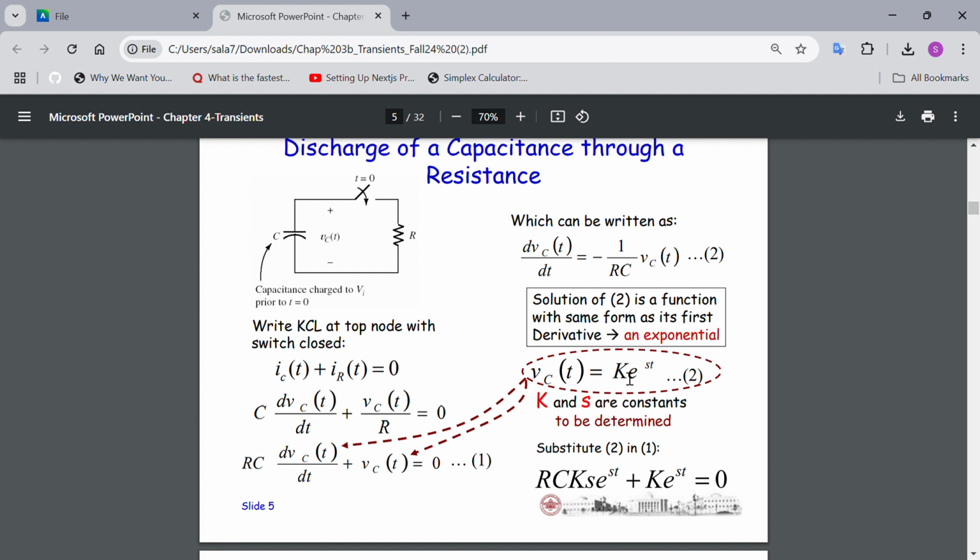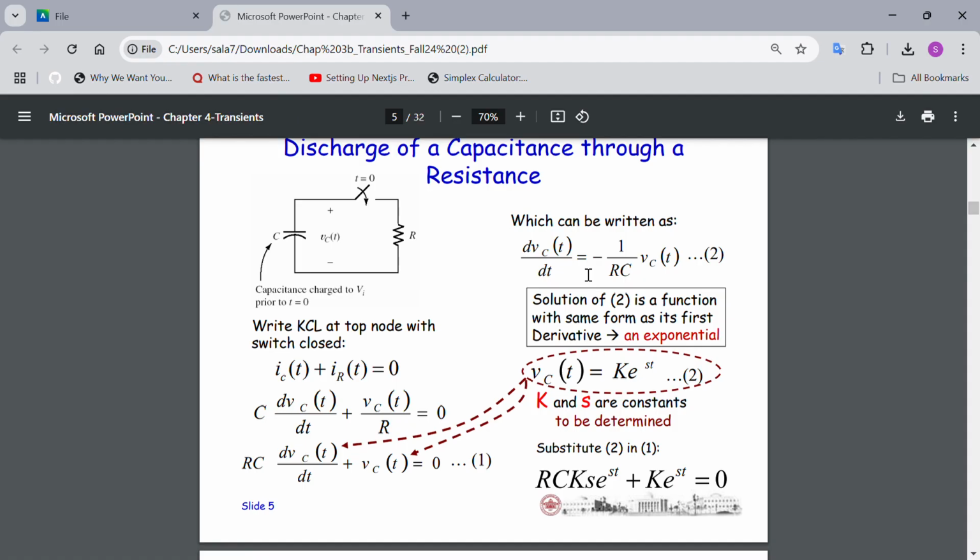The solution of equation 2 is a function with the same form as its first derivative, an exponential. This can be easily shown by substitution, since the only function whose derivative is equal to itself is the exponential function.